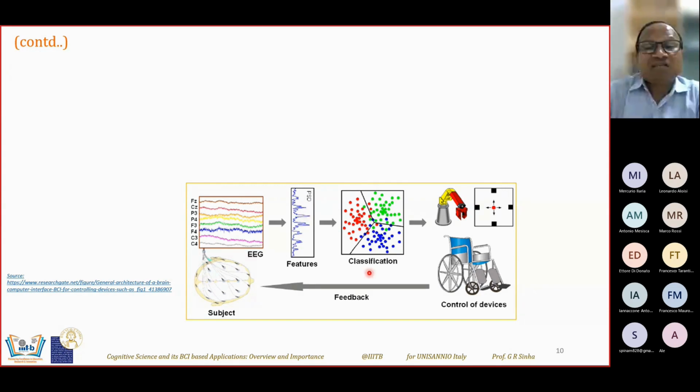Based on the PSD, you can classify and separate the different possibilities: this person is a normal person, this person is abnormal. If the person is abnormal, how much abnormality? Say there is Parkinson's disease. Suppose there are 10 subjects. You can say subject one is not affected, it's normal.